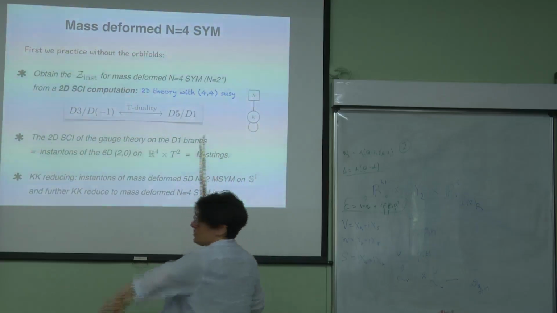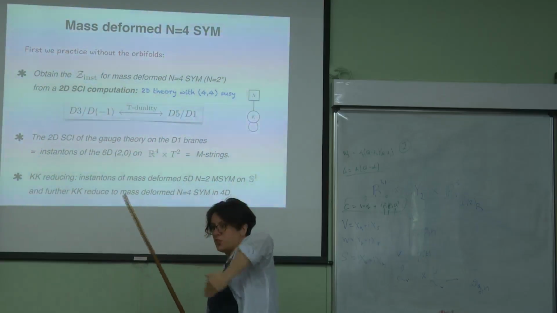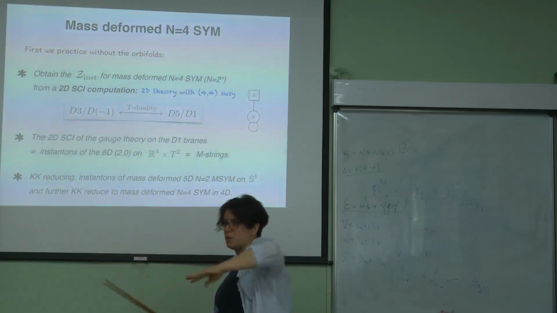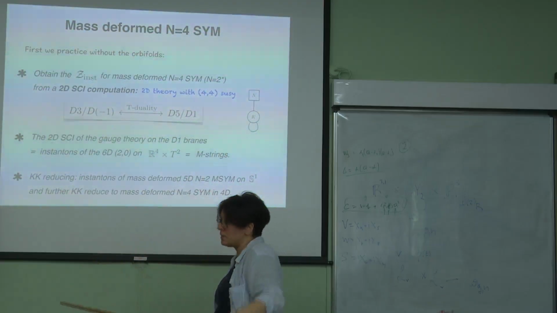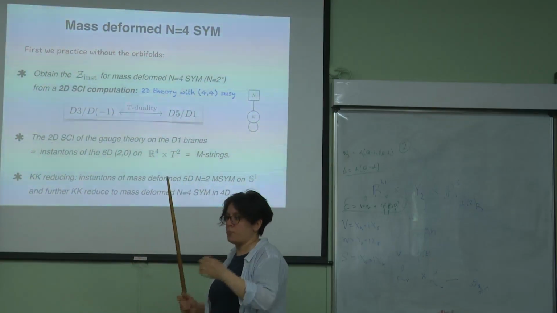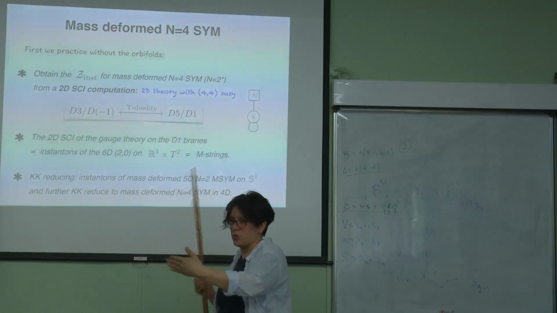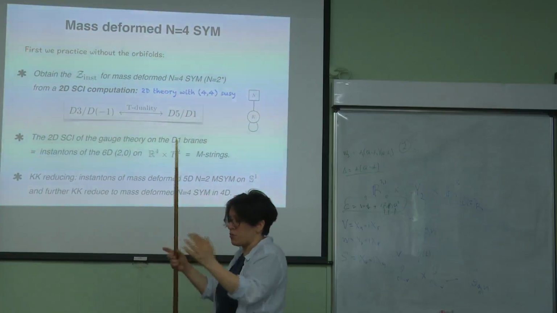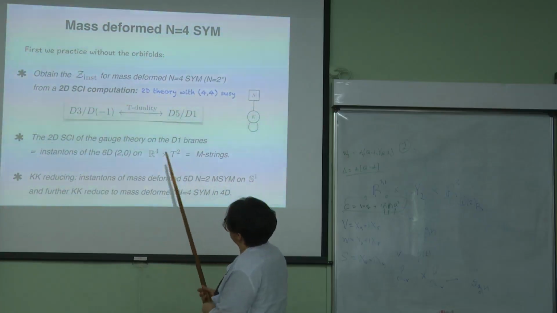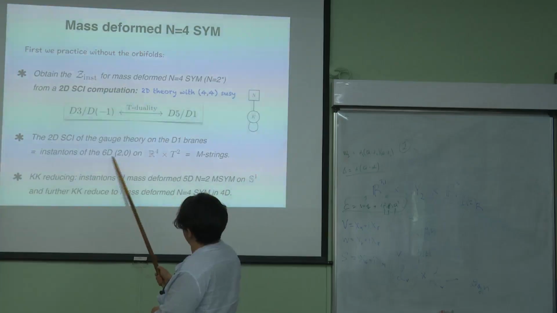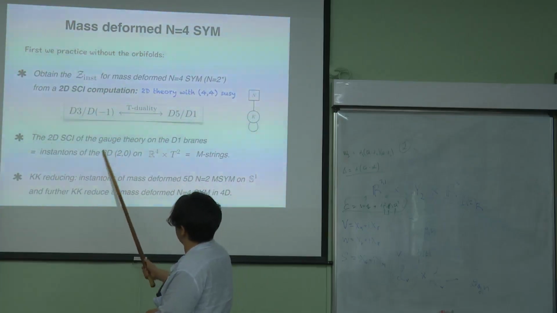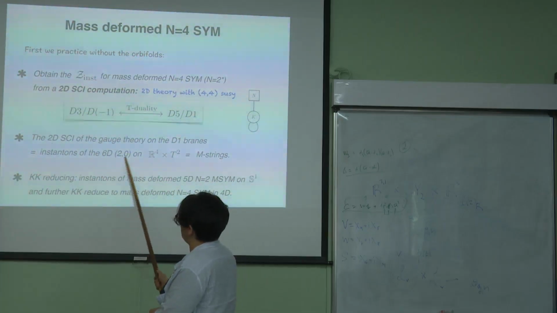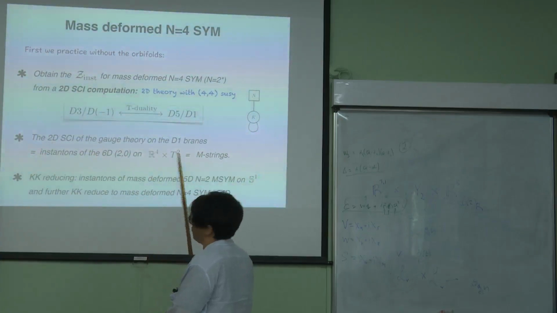The moment I have it, I make a table with the charges of all of my fields, and I compute the index. Of course, this is up to parameter identification, because when you write an index, you use some fugacities, you don't really know what they are. Up to this parameter identification, you can match it with the instanton partition function of the 6D theory on R4 cross T2.